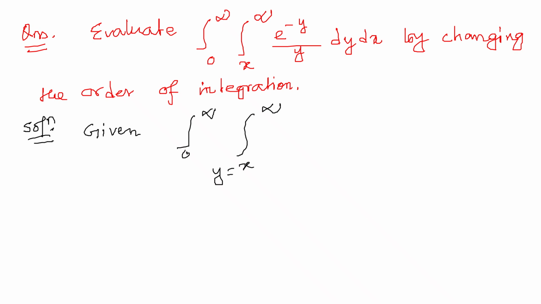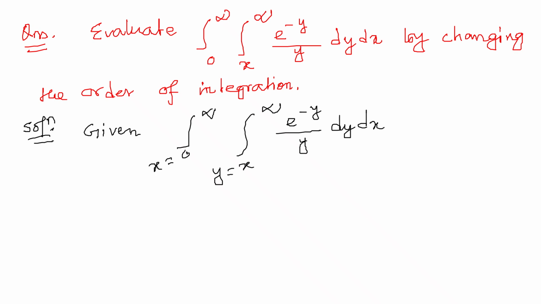And what is next here? That means it is x to 0. So the inner side is the limit for y and the outer side is the limit for x. It is given this way, but we will change it. That means the inner side we will make x and the outer side with respect to y. This is the meaning of changing the order of integration. It is given as dy and y dx, and we are going to change it.